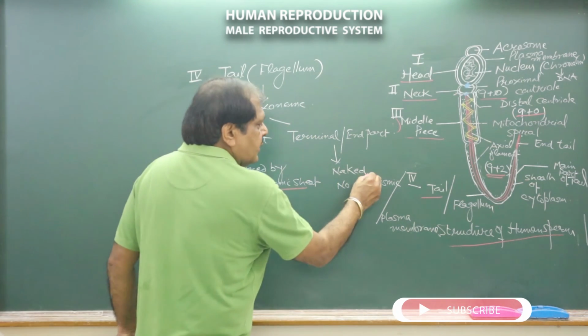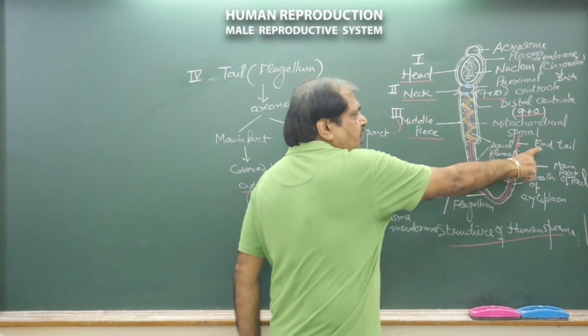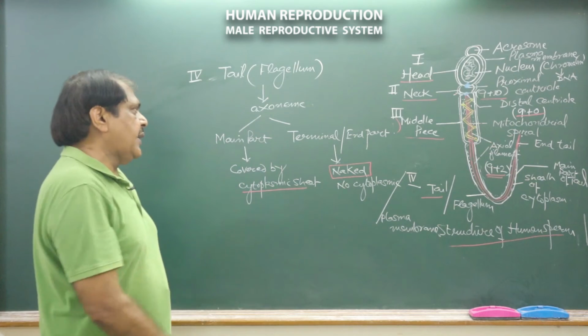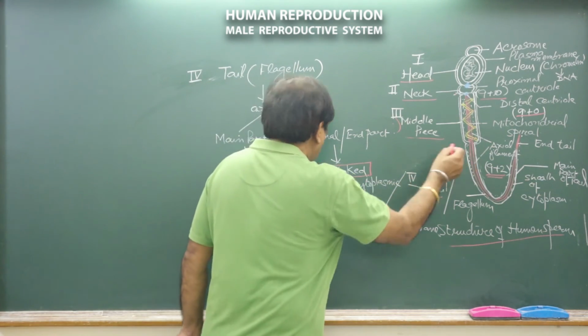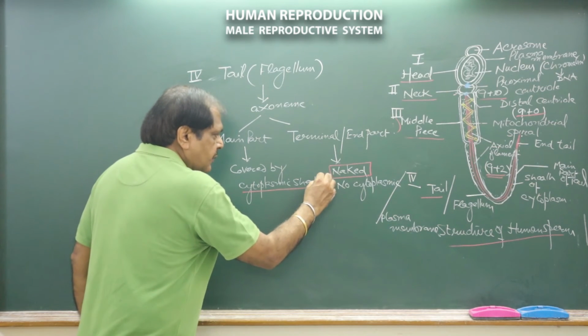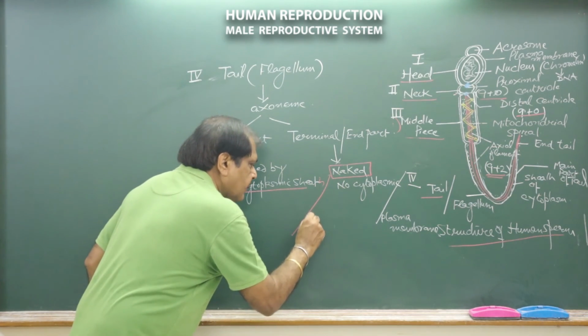This is the important point: naked is the end part, or terminal part, of the tail. The main part is covered by a cytoplasmic sheath and definitely a plasma membrane.